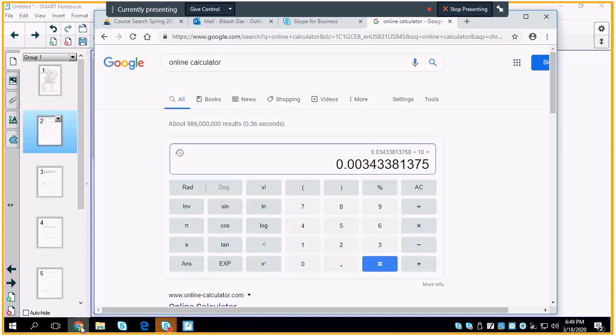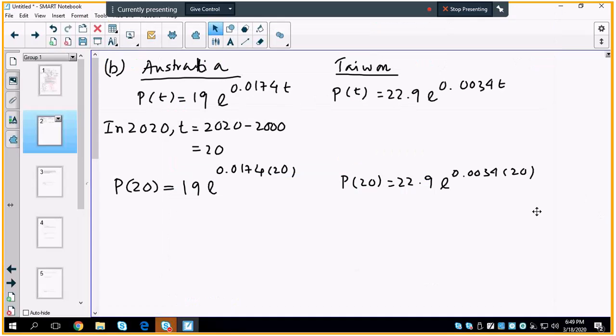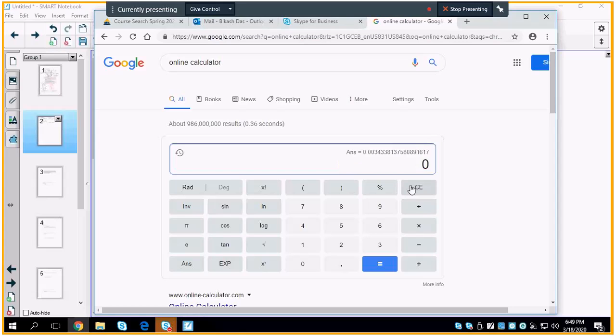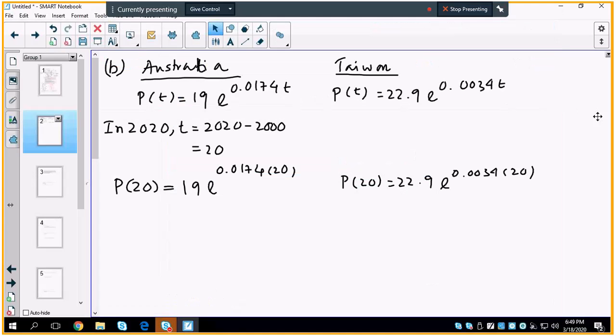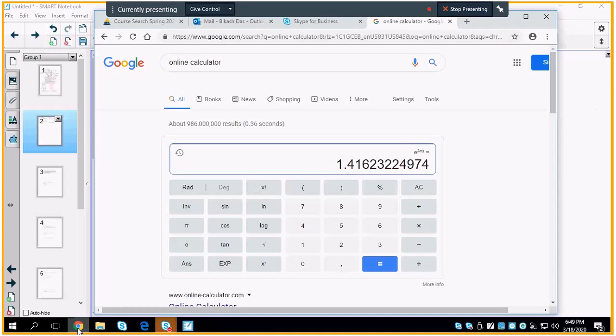So we have Australia. I'm going to do 0.0174 times 20. And then I'm going to raise e to the power of the answer, and then I'm going to multiply it by 19, that's the initial population, so times 19, and round it to the nearest whole number, which is 27.